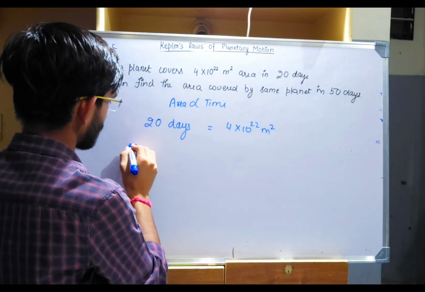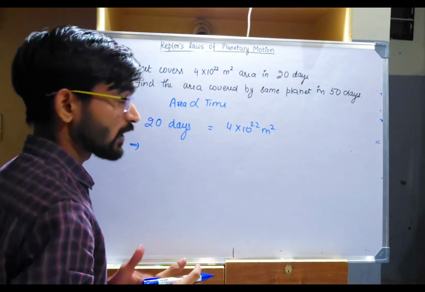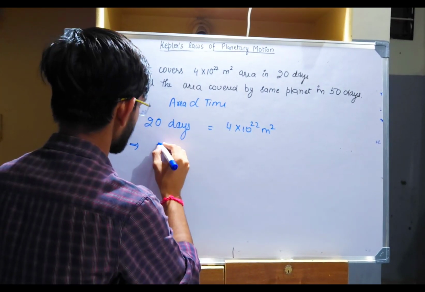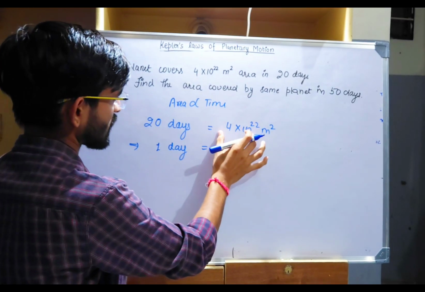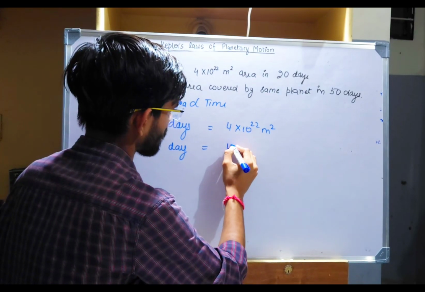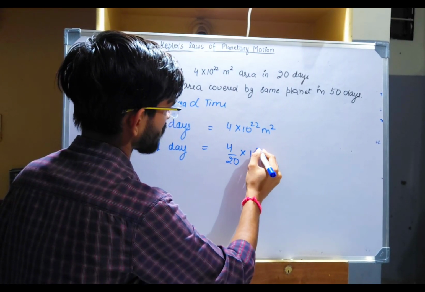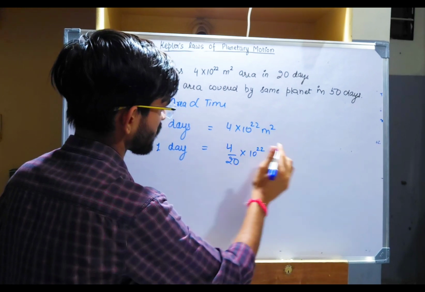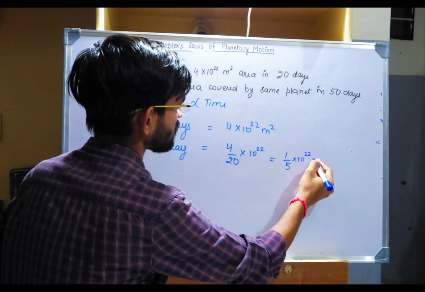To find the area covered in 50 days, first we have to find the area covered in 1 day. If I divide this area by 20, I will get the area covered in 1 day: 4 upon 20 into 10 raised to power 22, this will be 1 by 5 into 10 raised to power 22 meter square.